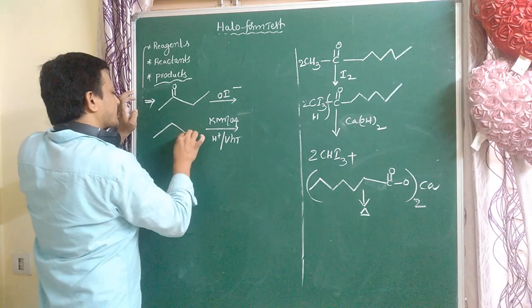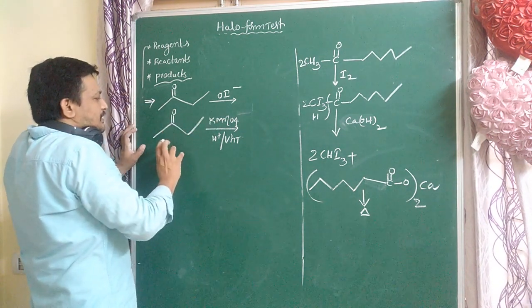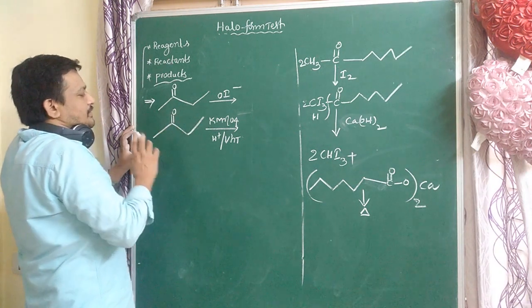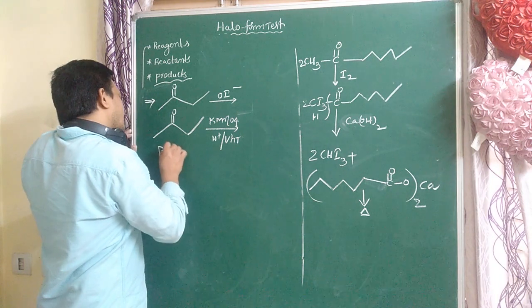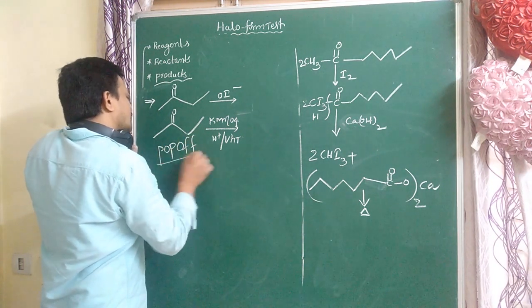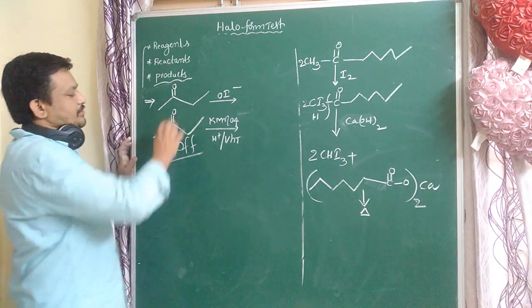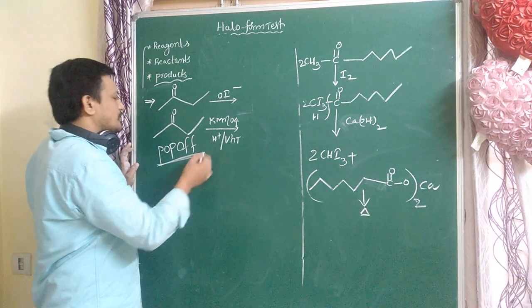In the presence of KMnO4 at very high temperature, ketones normally do not react with KMnO4, being very less reactive, but at very high temperature they are involved in breakage of bonds. So which rule, students? That is the Popoff's rule.